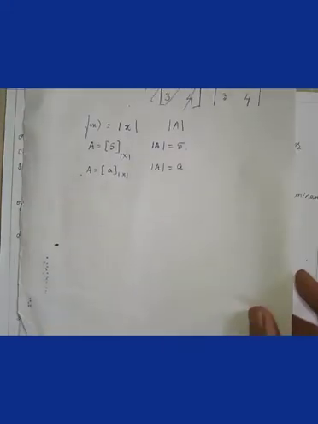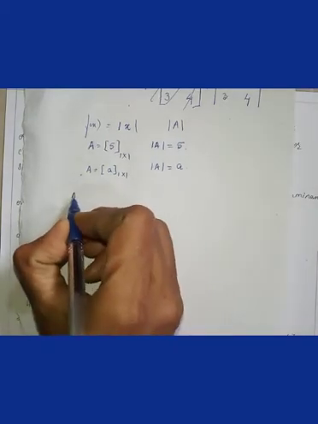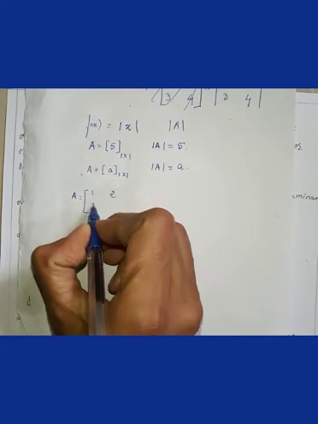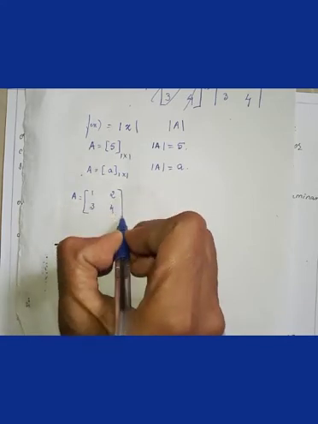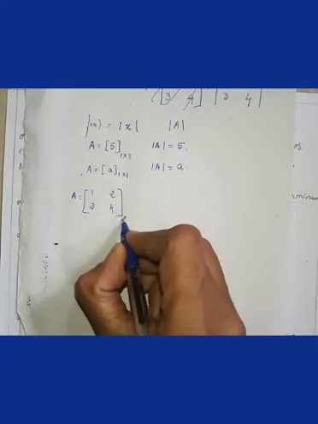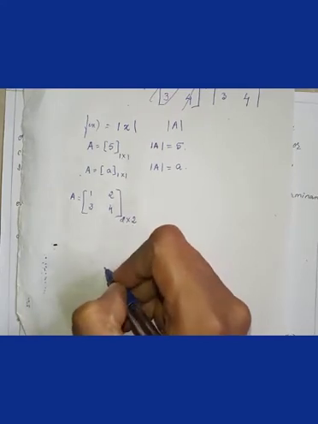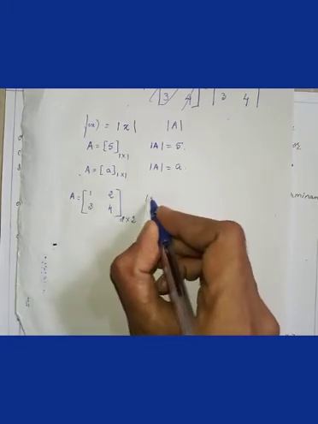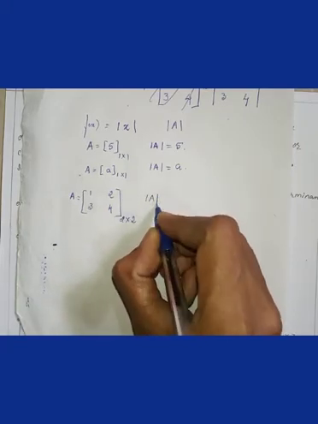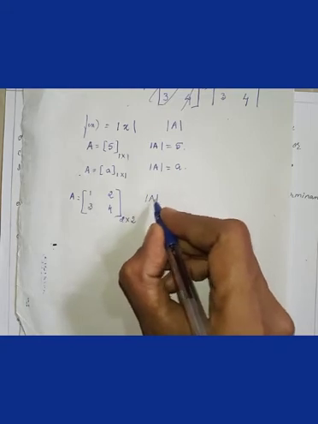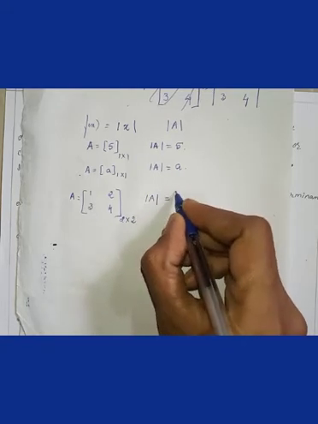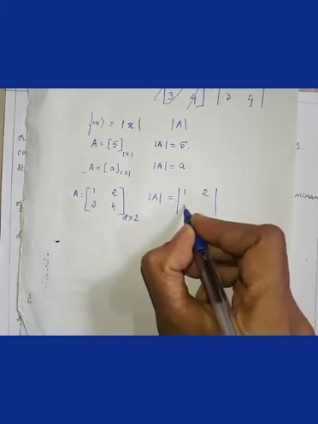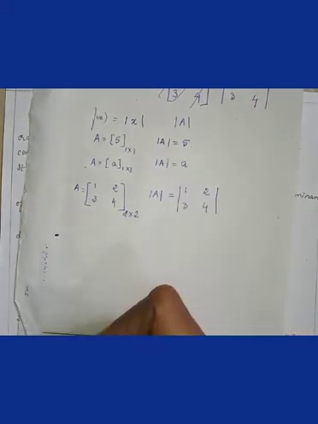I'll take the same example: A is equal to the square matrix 1, 2, 3, 4, with 2 rows and 2 columns. I have to find the determinant of this 2 by 2 matrix. First we write the notation: determinant A is equal to the determinant of 1, 2, 3, 4.